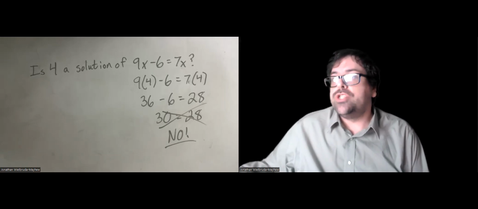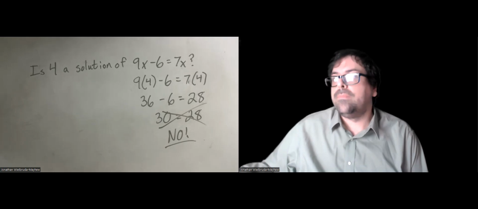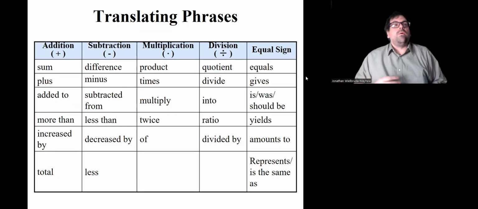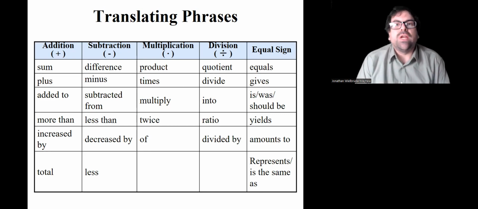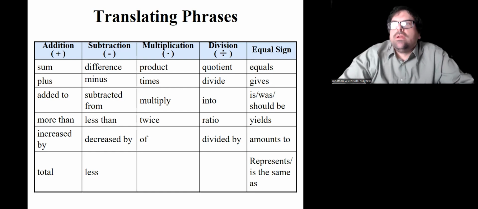Okay, I'd like to share this with you. When we're translating phrases from English to math, there are certain words that you want to watch out for, which mean certain things.